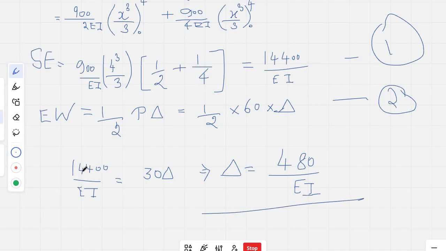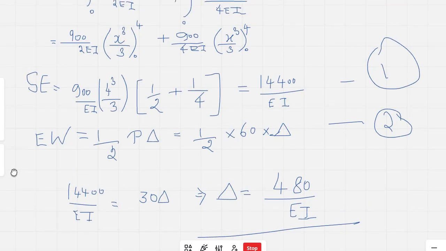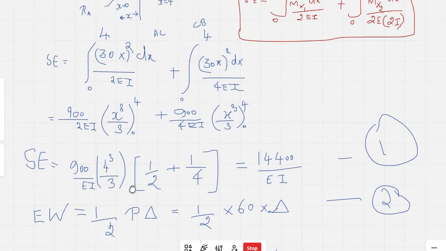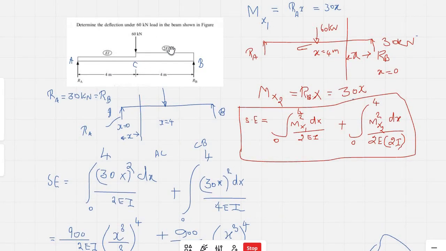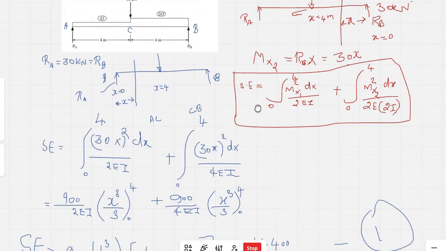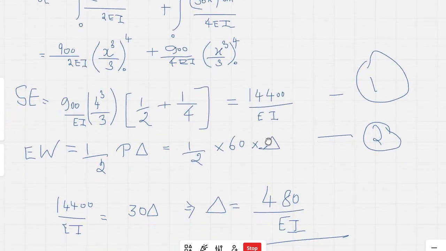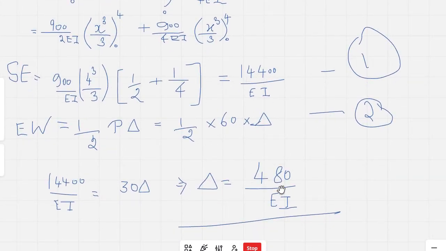So this is the final value of delta for the beam where you have flexural rigidity for part CB twice that for the part AC. So for the simply supported beam, finally the delta value is 480 by EI.